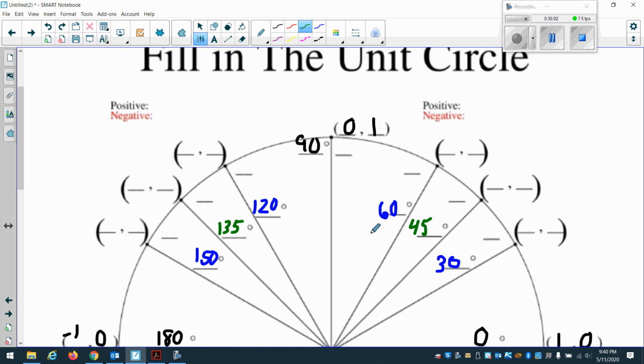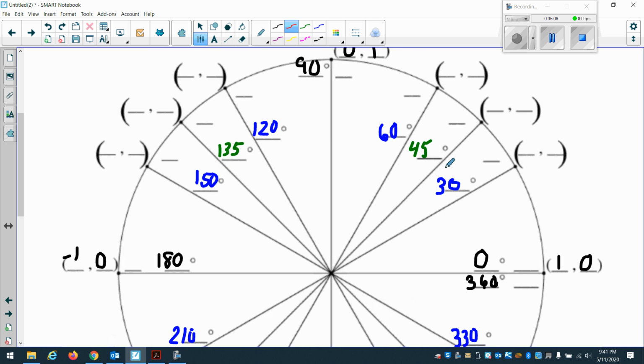Okay, so once you fill out the degrees, you then move on to the coordinates. So this first quadrant is going to help you with everything else. So again, 30 degrees is root 3 over 2 and 1/2.